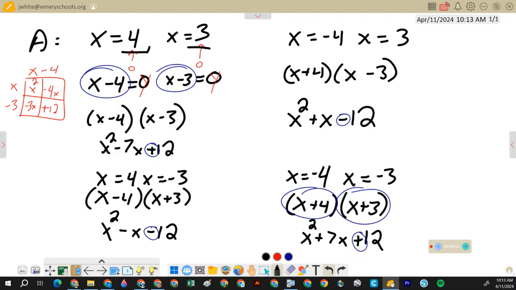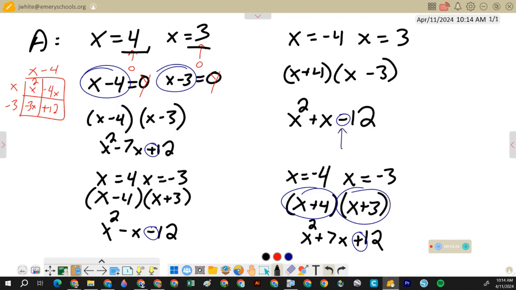If the factors have the same sign, then the constant is going to be positive. So that is the first question on E. What about the other two?